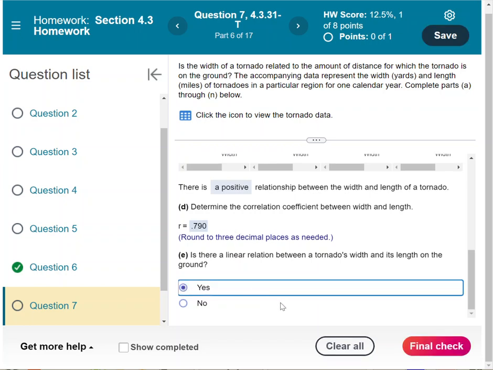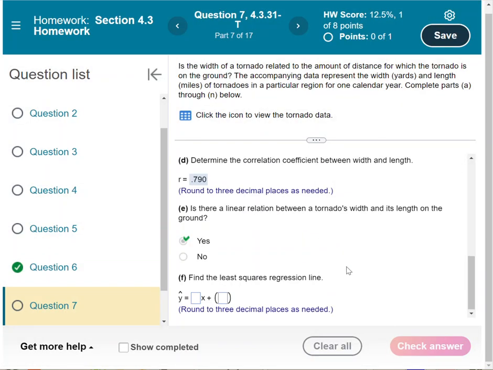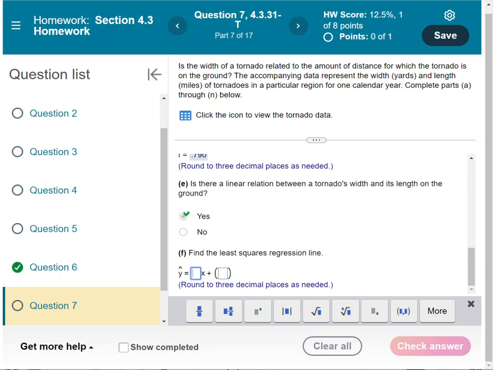That seems high enough. Let's continue. Find the least squares regression line. So notice it says round to 3 decimal places. So it would be 0.010x and 0.342 for the intercept.